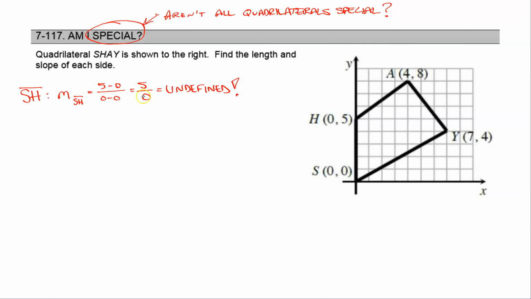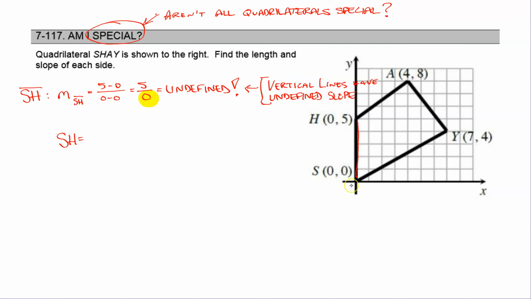I hope you recall that division by 0 is an undefined operation. So the slope of segment SH, this guy right here, is undefined. And that should make sense, because I also hope you remember that vertical lines have undefined slope. Now let's take a look at the length of segment SH.